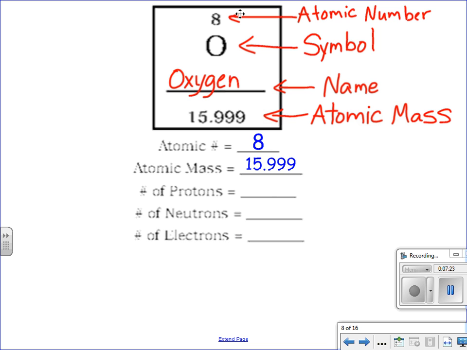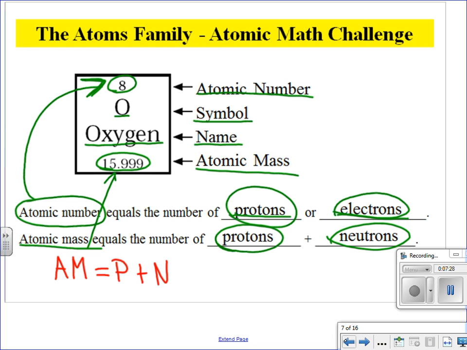So how many protons do we have? If you go back and think, we said that the atomic number equals the number of protons or electrons.